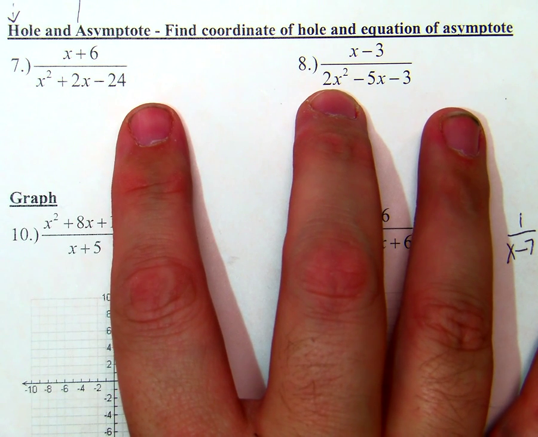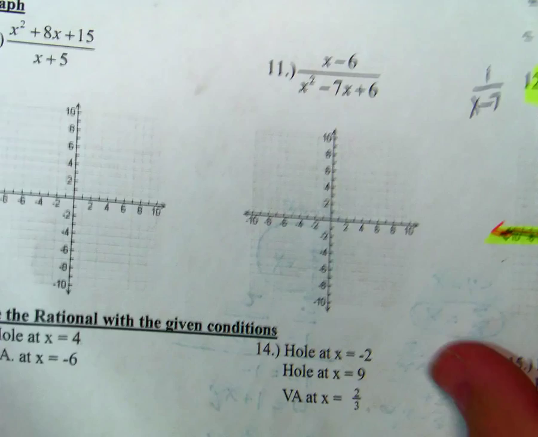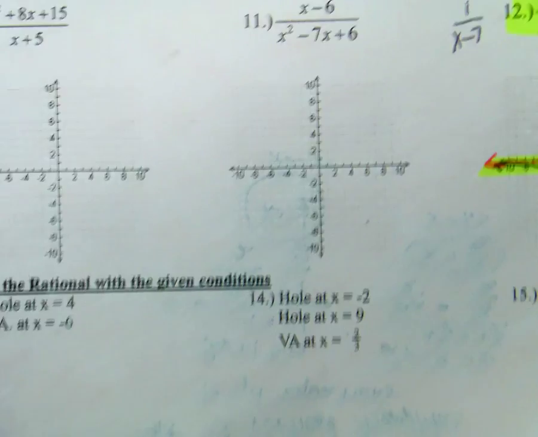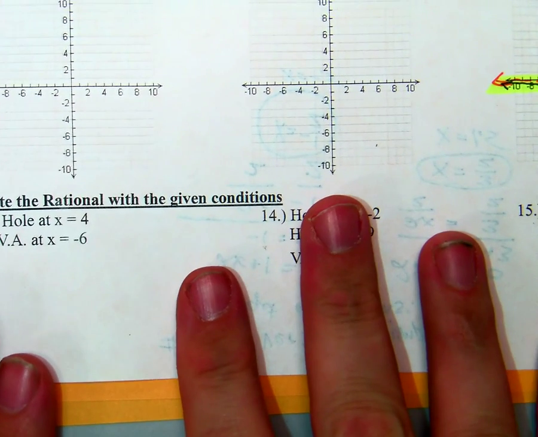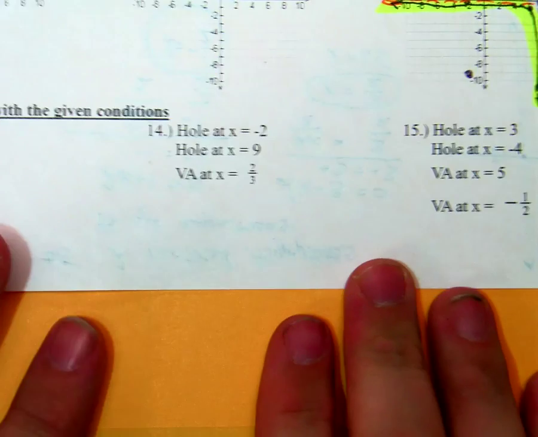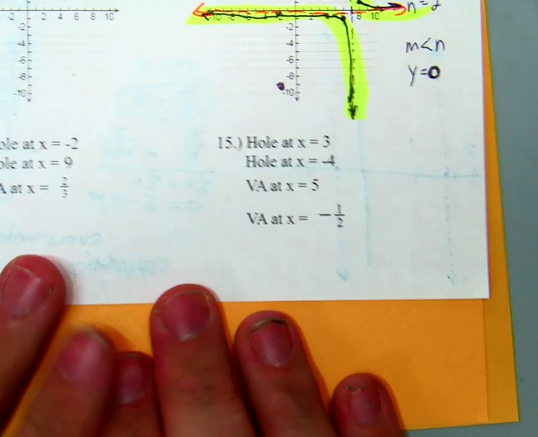Now, do we all understand how to make these? Anybody want to see one of these? 15? 15, since it has the most stuff going on. You did number 13 or 14. All right.